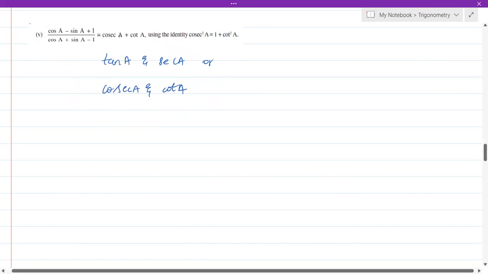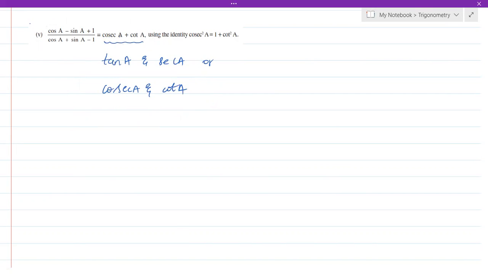If you observe the question now, what is the RHS? My RHS is cosecant and cot. Therefore, I'm going to convert the numerator and denominator in terms of cosecant and cot. If the RHS was tan and secant, then we would have converted the numerator and denominator in terms of tan and secant. Okay, this is how we do it.